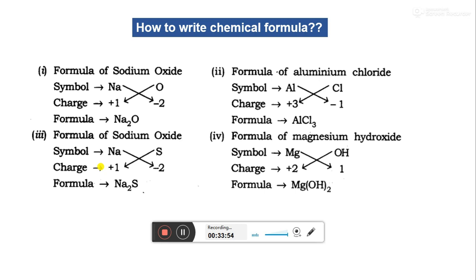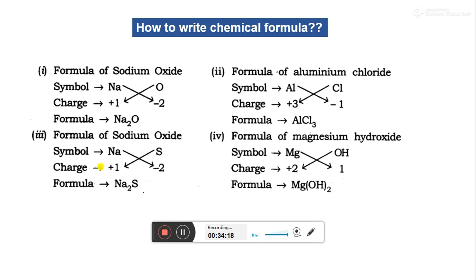If I have to write the formula of aluminium chloride, the name itself suggests that it has aluminium and chlorine. So write the symbols of aluminium and chlorine first. The metal name will come first and the non-metal name next. Then what is the charge of aluminium? It is +3, and the charge of chlorine is -1.